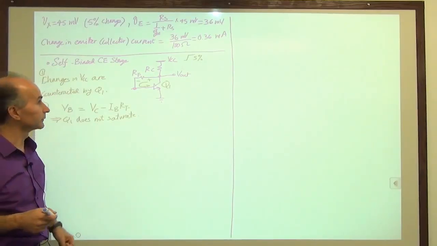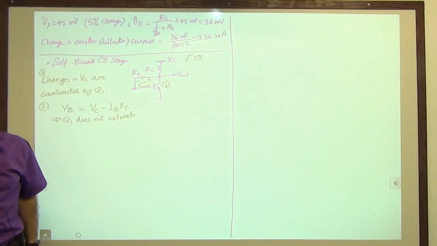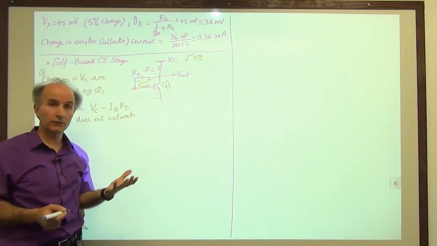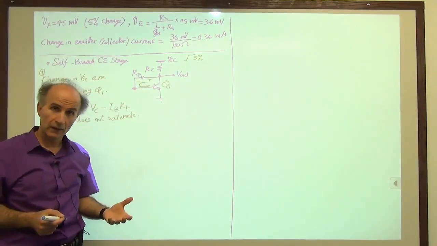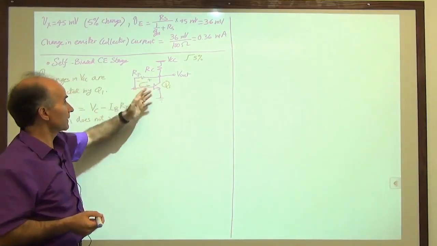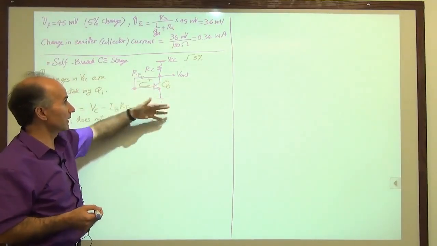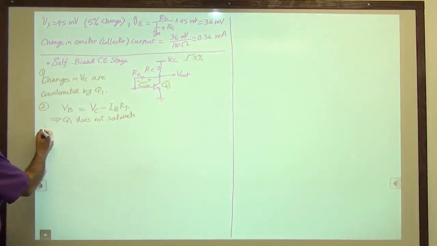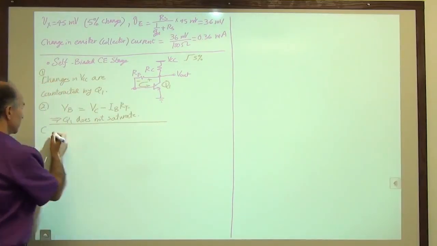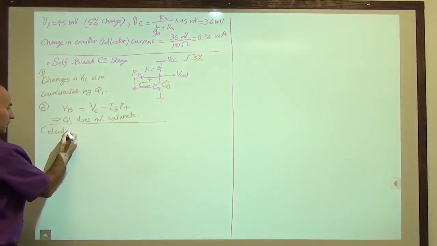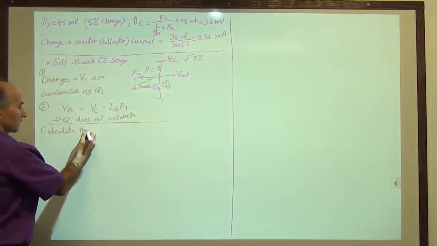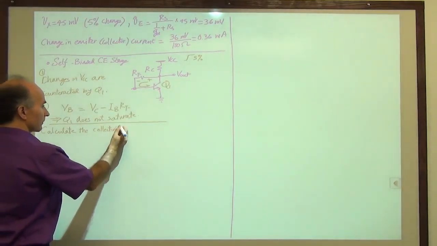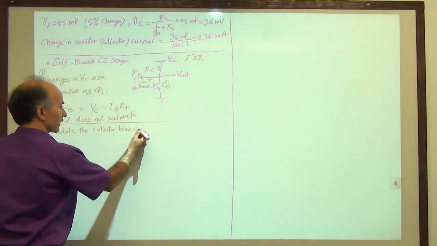This is different. Okay. So now, for this contraption, we are still interested to find the collector current, the bias current, if we know all these things, the resistors and the beta, etc., right? So let's do that. So let's calculate the collector bias current.